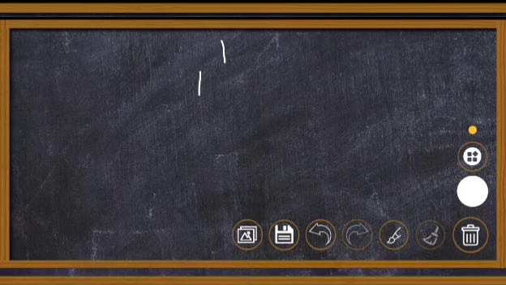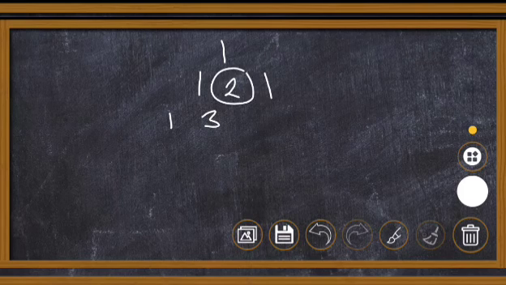Here you write 1, then 1 plus 1, we are going to have 2, so 2 is going to be here. Then you write 1, and also 1, then 1 plus 2 here, we are going to have 3, and also 2 plus 1 here, we are going to have 3, and then 1 here.